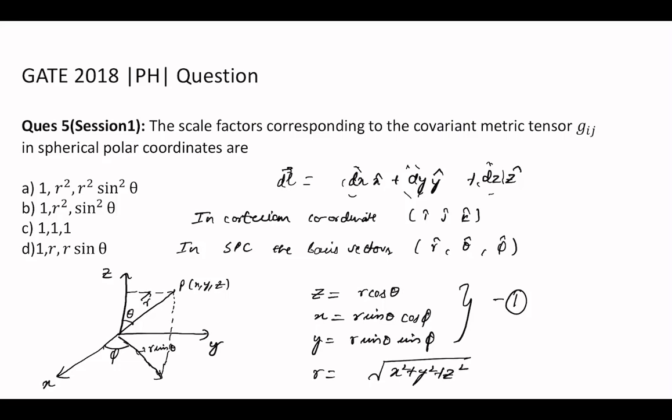Now we can write any position vector r as rx times x cap plus ry times y cap plus rz times z cap in 3D Cartesian coordinates.